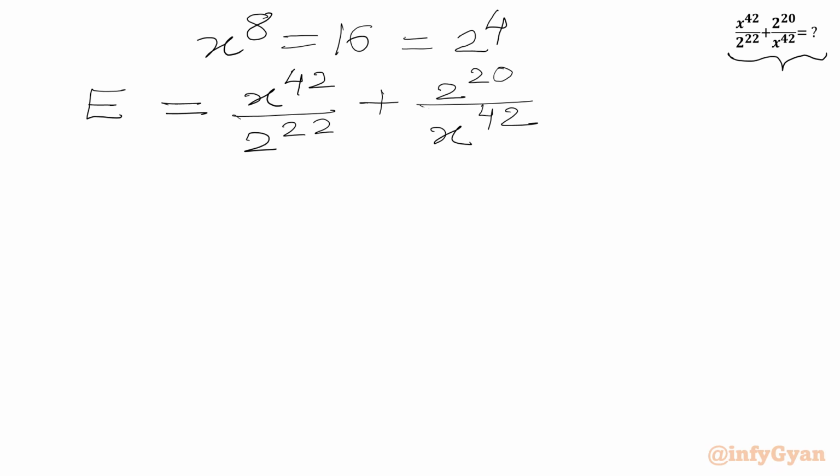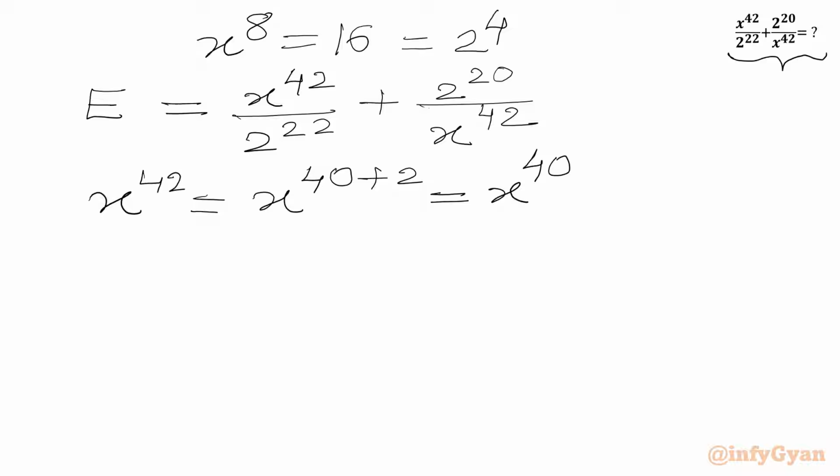Now we have x power 42, so we will calculate x power 42 separately. We will write x power 42 as 40 plus 2. Using the exponent law, it will be equal to x power 40 times x power 2. a power b plus c can be written as a power b times a power c.